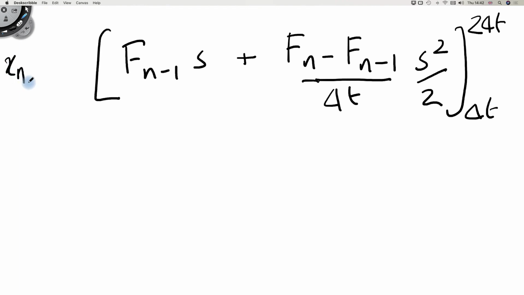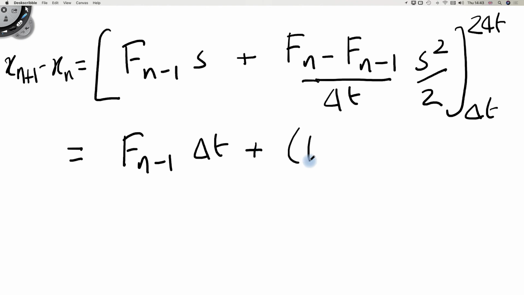This is x_{n+1} minus x_n equals. So all this is a consequence of using a straight line approximation to integrate the right hand side. If we now evaluate the limits, the first term gives 2 delta t minus delta t, which is simply f_{n-1} times delta t.